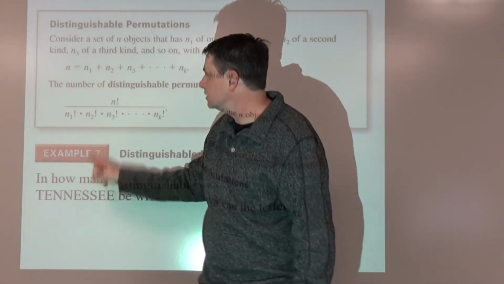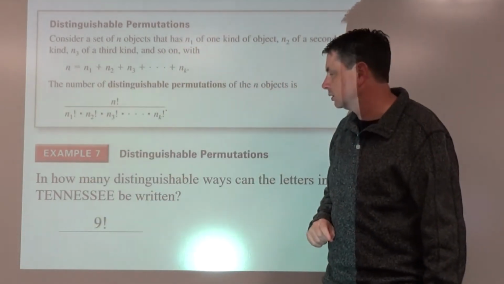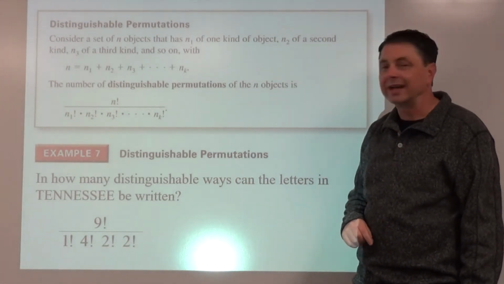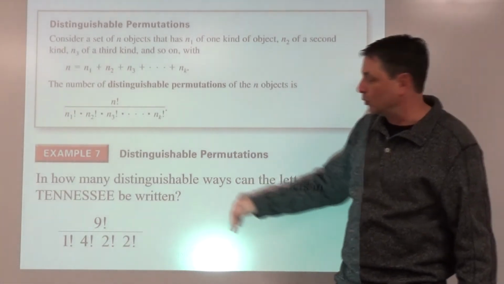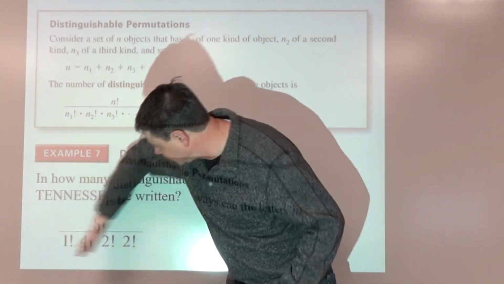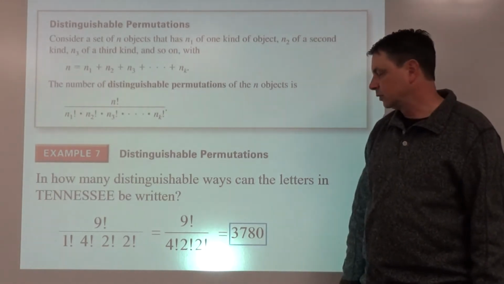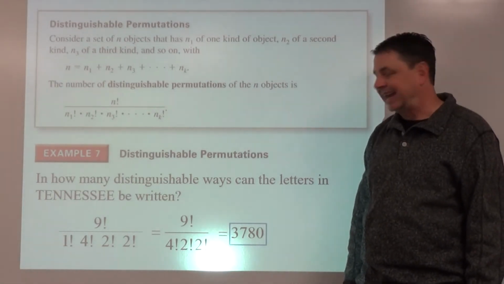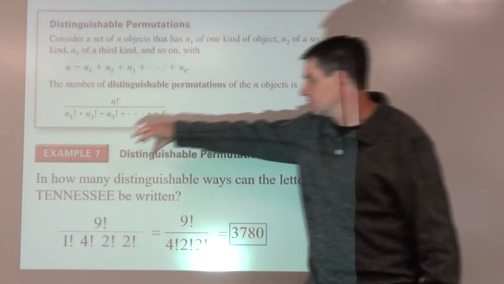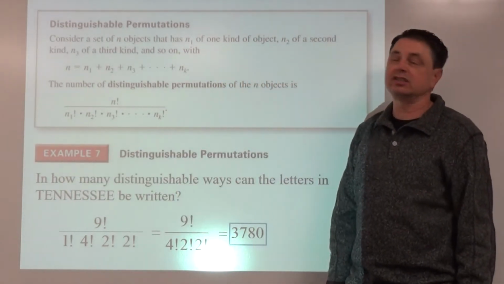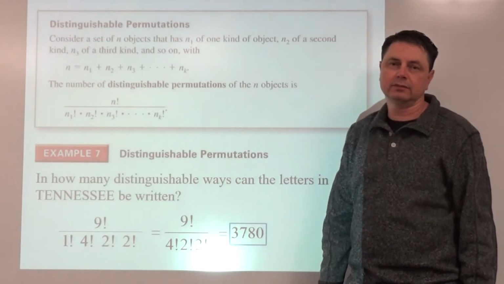How many S's? 2, so 2 factorial. That's the way we're going to set it up. We're going to divide it. Depending on your calculator, you might need parentheses there. We're going to get 3,780 different ways of rearranging the letters so that we get something that's actually distinguishable.